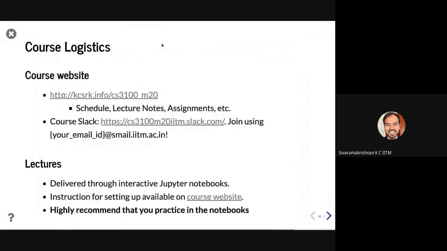There is also a course Slack. I think some of you have already joined. Do join Slack. It's much more interactive, so if you have a question, I can quickly answer it. Moodle is very bad at formatting code, and we are not going to be able to meet in person for resolving your doubts.